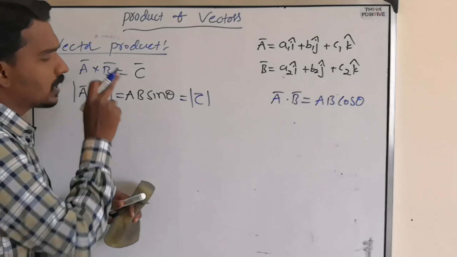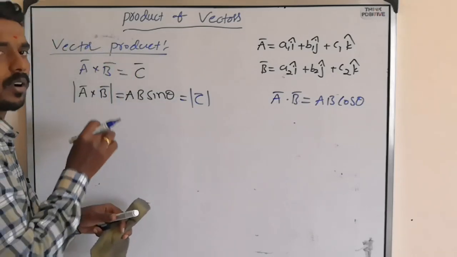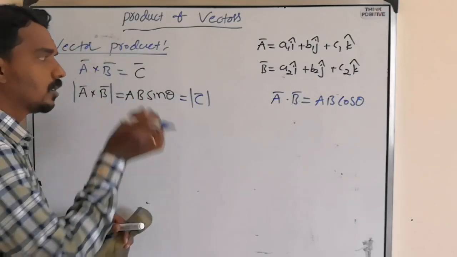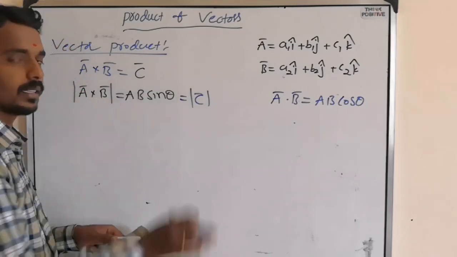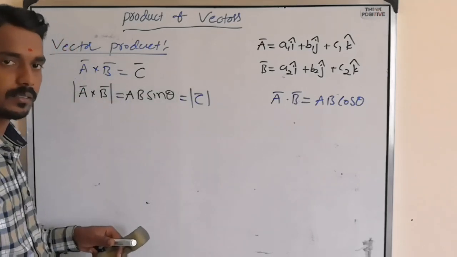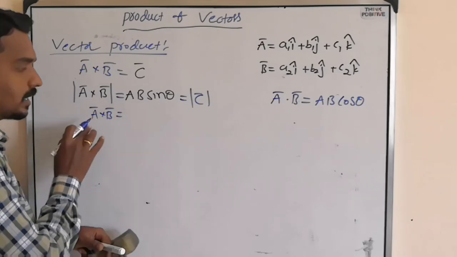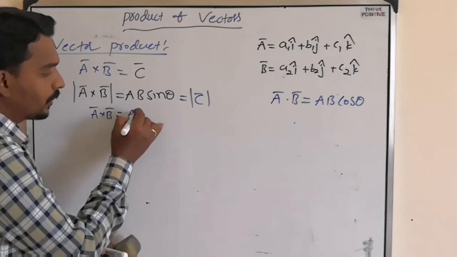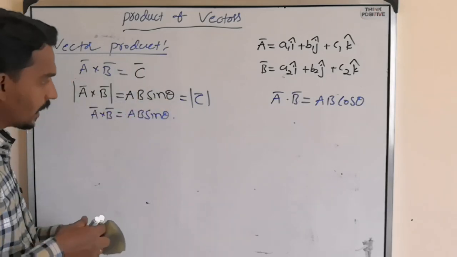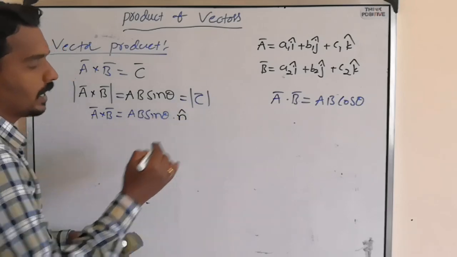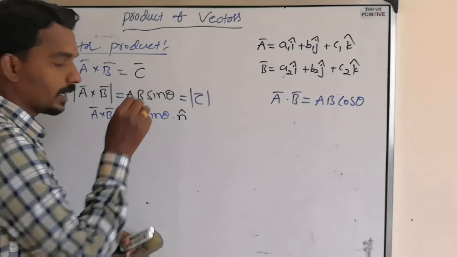So if you multiply two vectors using the cross product, you get another vector whose magnitude is AB sin theta, and whose direction they specified as n cap.